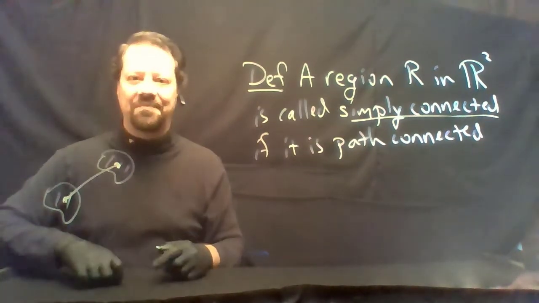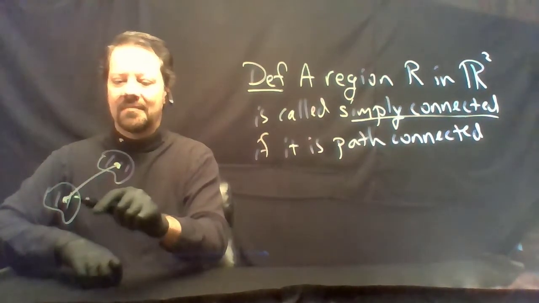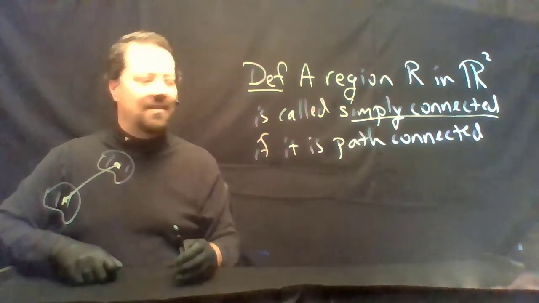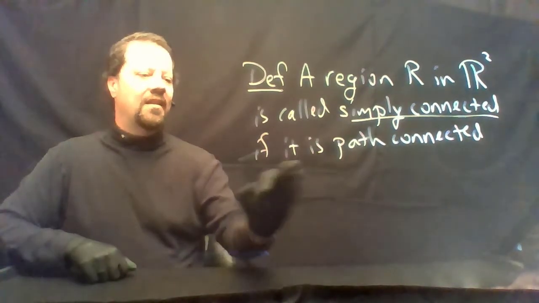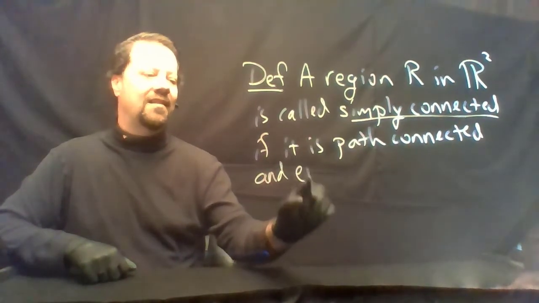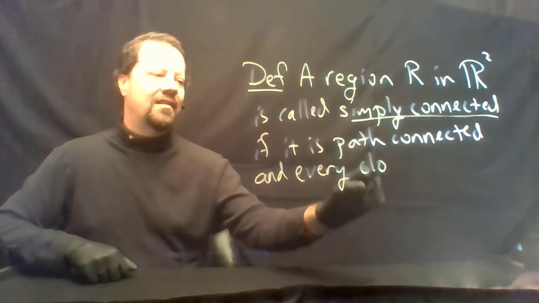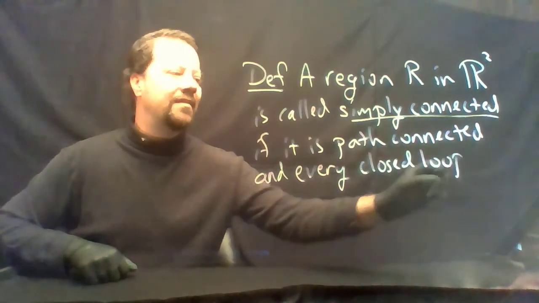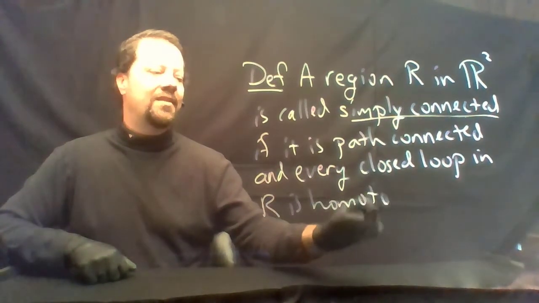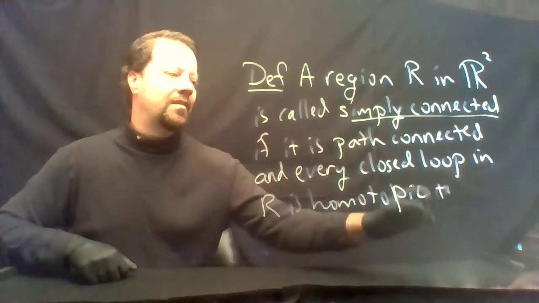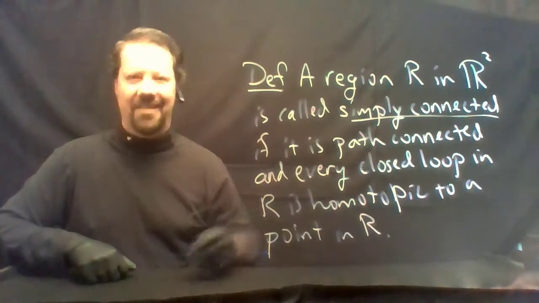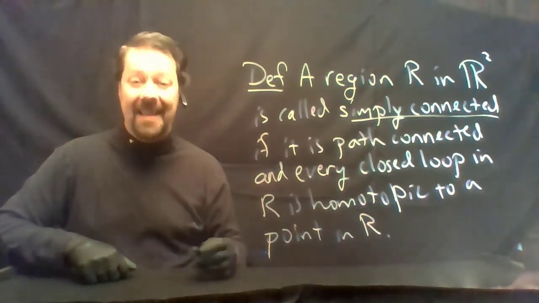And if every closed loop in R is homotopic to a point in R. In other words, it can't have holes.